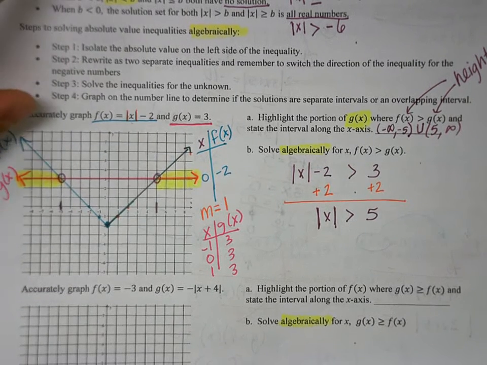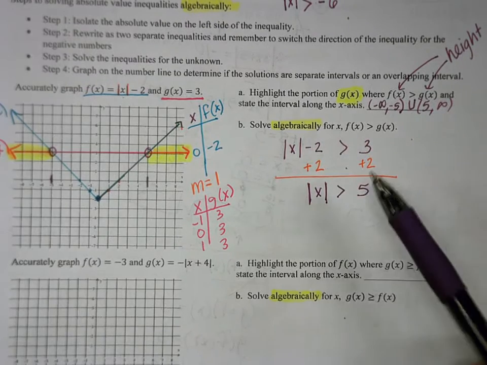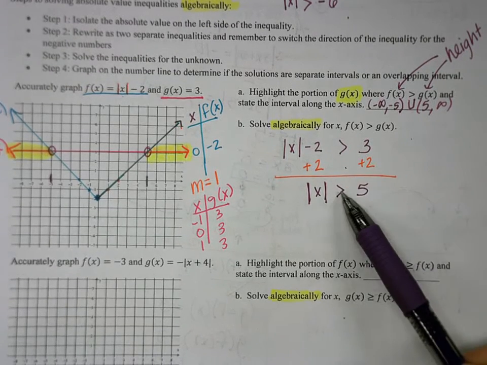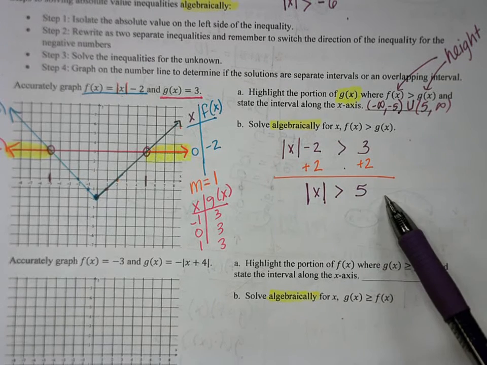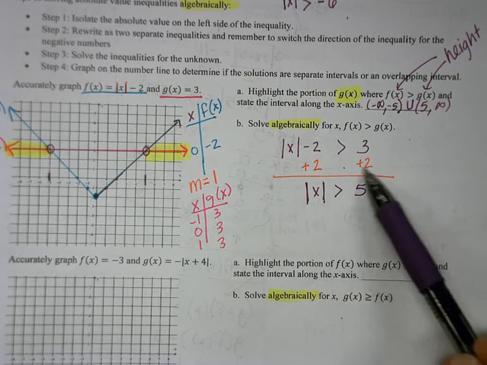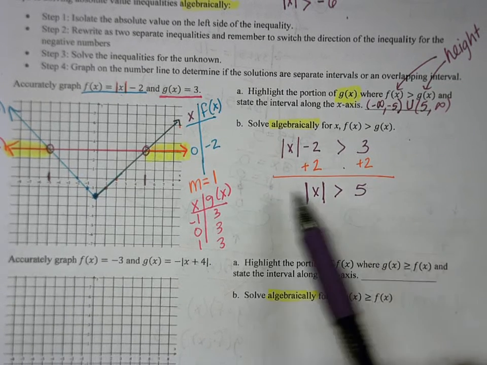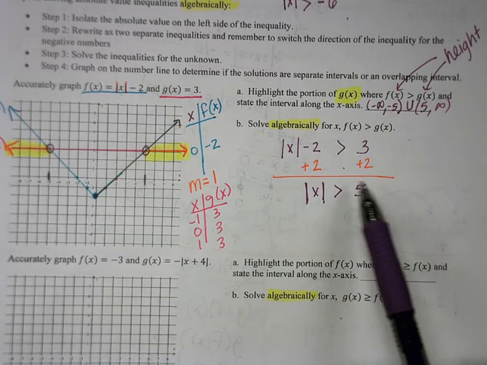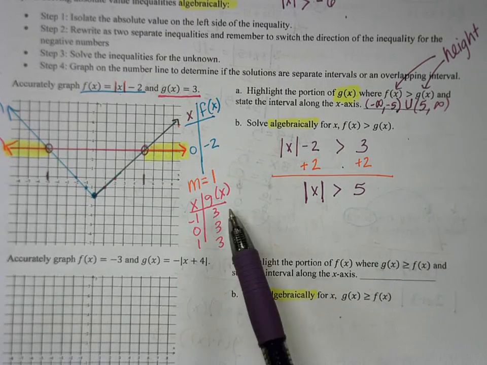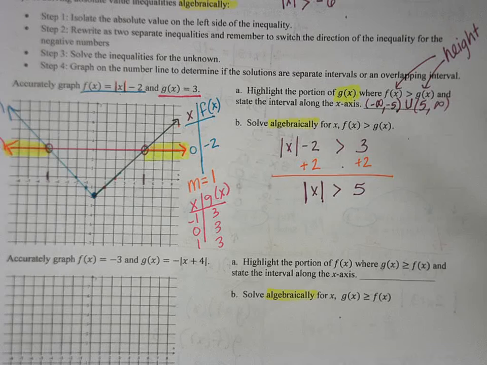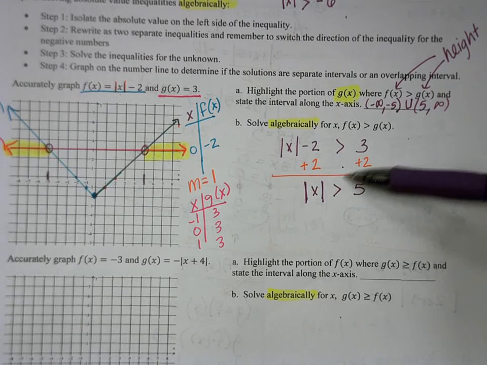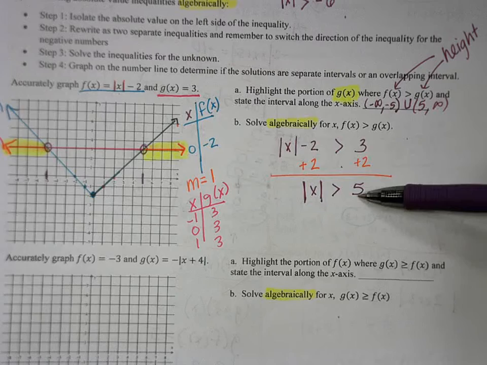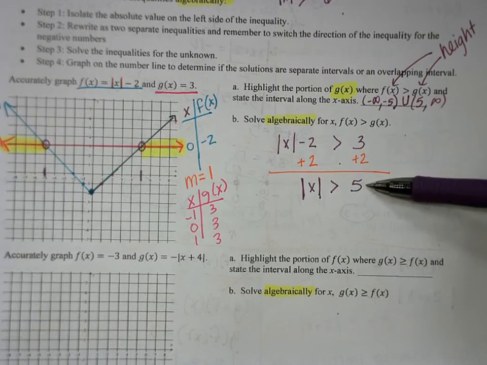It would be a special case if I was saying the absolute value is greater than a negative or the absolute value is less than a negative. Just like on the previous section when I got the absolute value equal to a negative, that's when I wanted to stop and tell me what type of special case it was. So if you ever get a negative on the right-hand side here, please stop and check the special case.